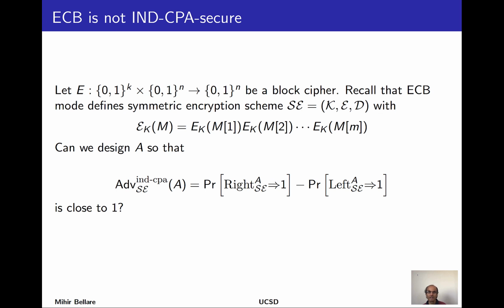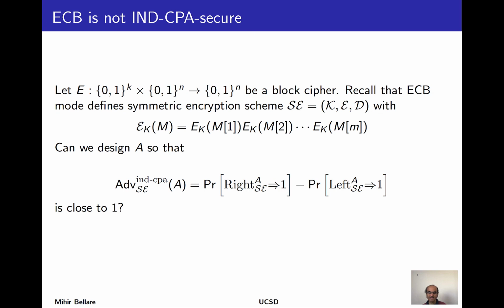Does it view ECB as insecure or as secure? This is a test of the definition. If the definition declared ECB to be secure, we would have to throw away the definition. So we hope that doesn't happen, and that the definition allows us to formally show that ECB is insecure. So let's do that.